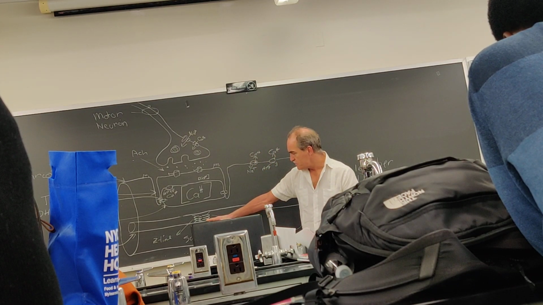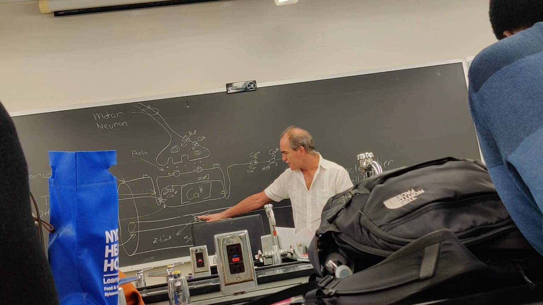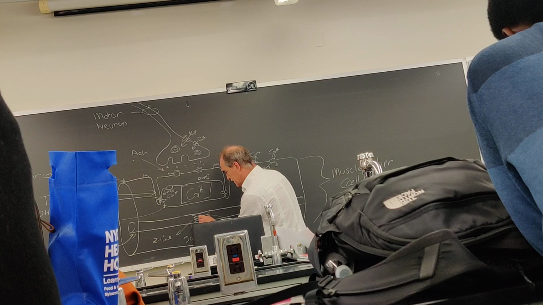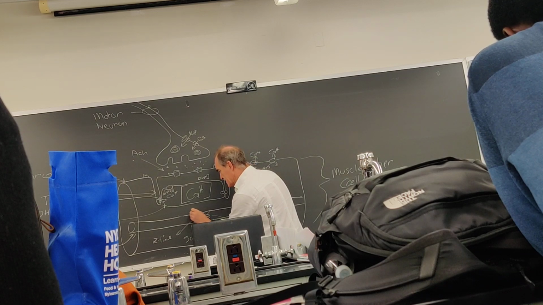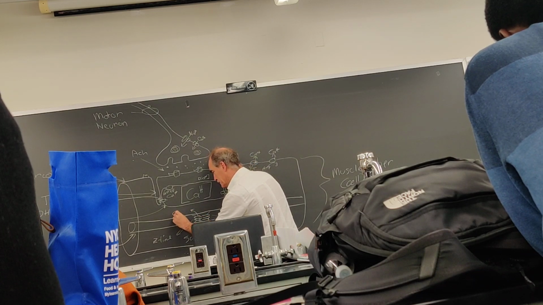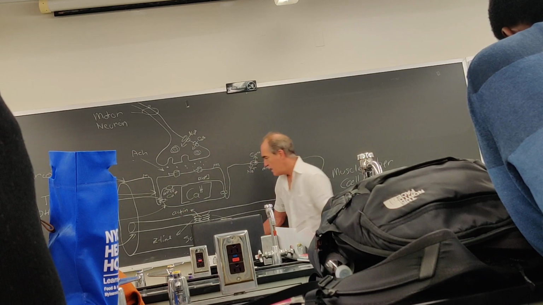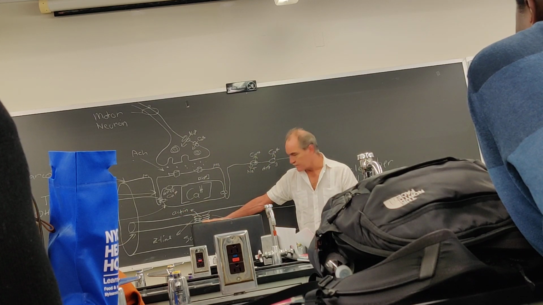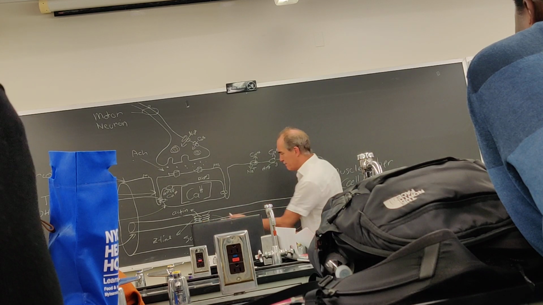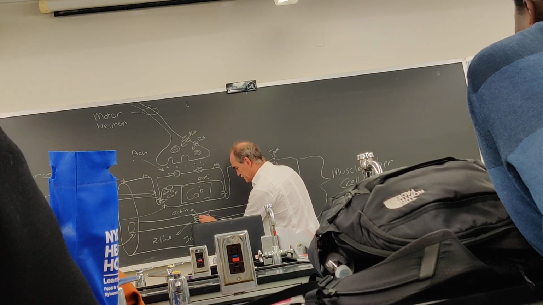And then attached to the Z line are thin filaments, famously known as actin. And then thick filaments in the center, famously known as myosin.